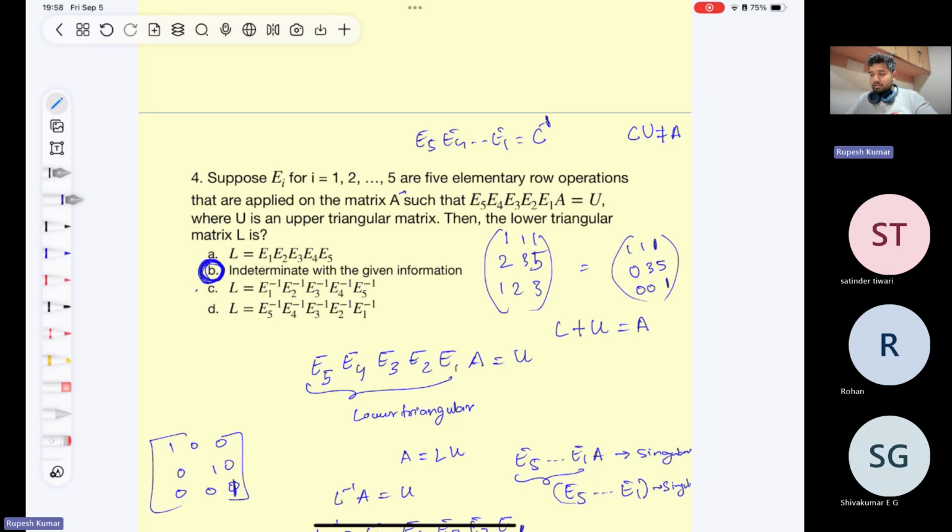Let me stop you there itself. This is a random matrix that you are building up, right? You can't think of the properties of a matrix or of a matrix product if you take a random matrix. This is some matrix that you believe is the upper triangular matrix. But there are infinite upper triangular matrices of such kind that will give you L plus U equals A, right?